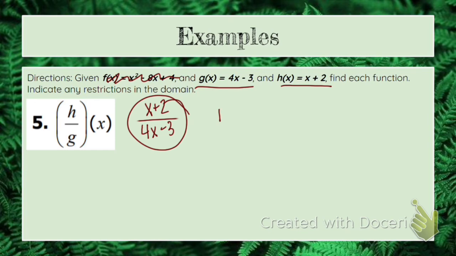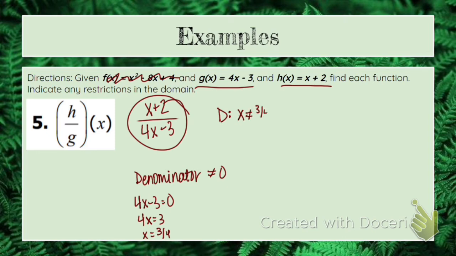Except our domain. When we have a fraction, the denominator cannot equal 0. So we have to see what number will make it equal 0. We're going to add 3 to both sides and then divide by 4 to get x equals 3/4. So in our domain, x cannot equal 3/4.